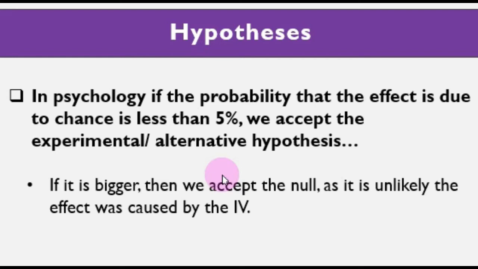Okay? Pag hindi pumasok yung computed values natin, ibig sabihin ay by chance lang siya. Alright? If it is bigger, then we accept the null. Okay? So, the null, as it is unlikely the effect was caused by IV.